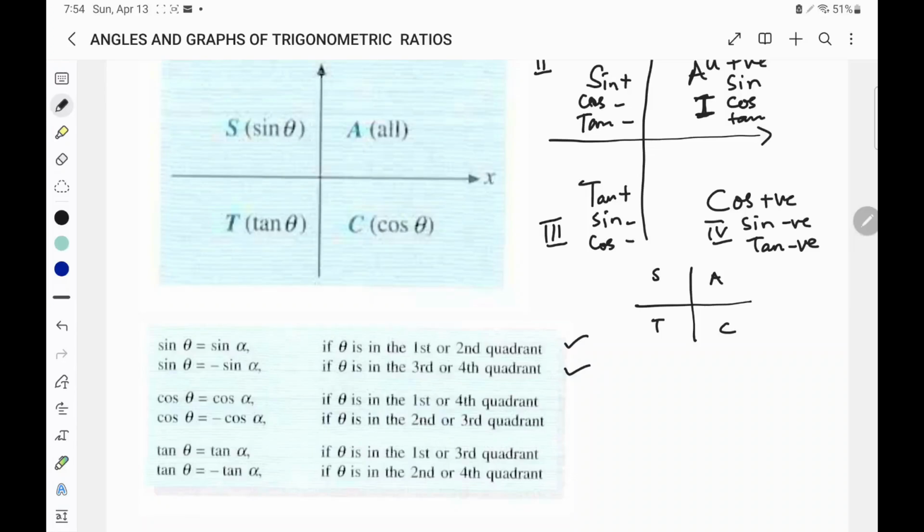Cos theta is positive in the first and the fourth quadrant, and tan is positive in the first and third quadrant. So in the second and fourth quadrant it is negative. Just memorize the CAST diagram, then you will not have any problem.